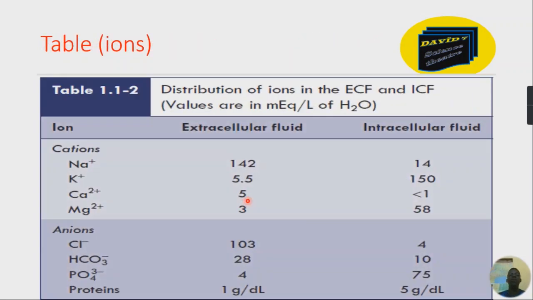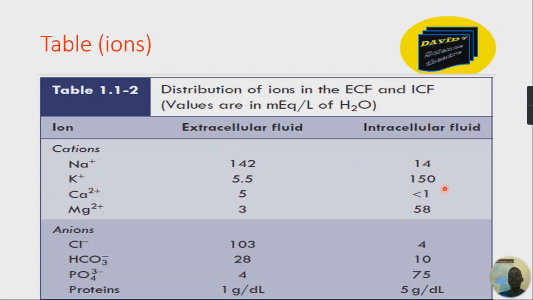Let's continue. So now let's talk about the ions within the body. If we measure them in milliequivalents per liter of water, you'll find that sodium is high in the extracellular fluid, that is 142 compared to 14 within cells.